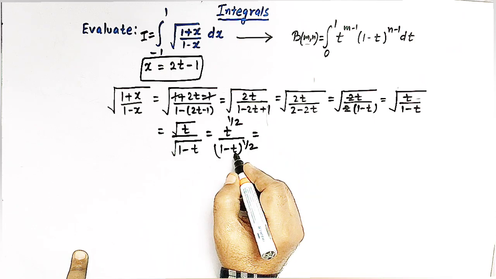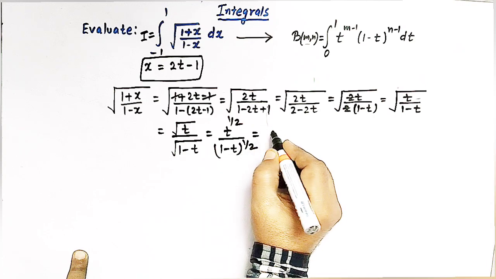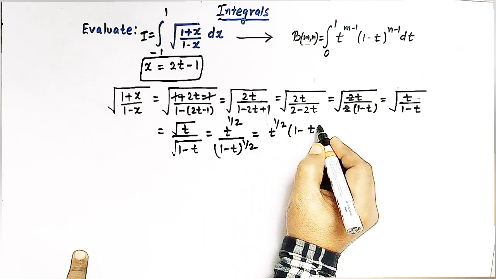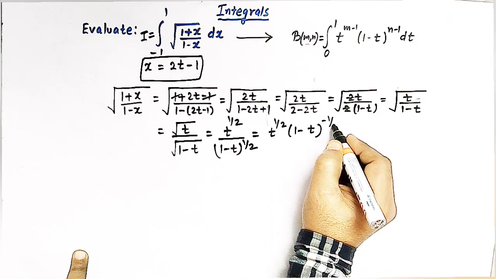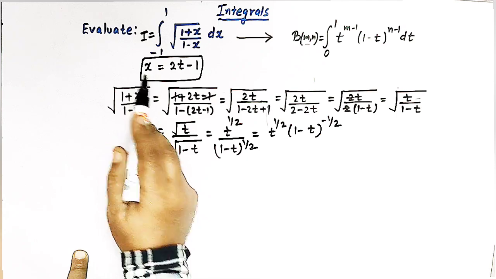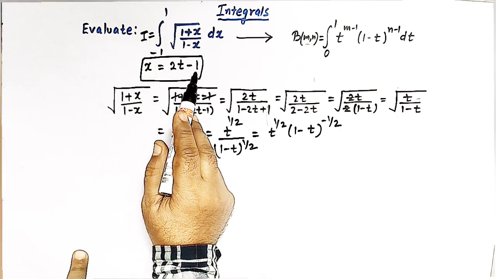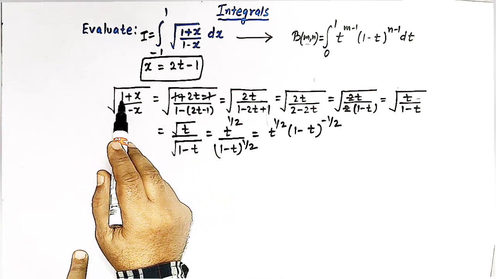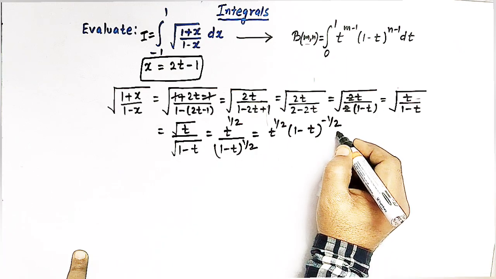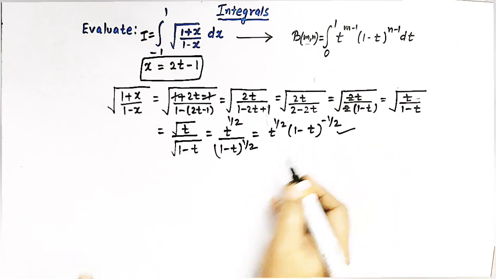Taking (1 minus t) raised to half to the numerator, we have t raised to half times (1 minus t) raised to minus half. So when we take the substitution x equal to 2t minus 1, the square root of (1 plus x) divided by (1 minus x) is equal to this expression.